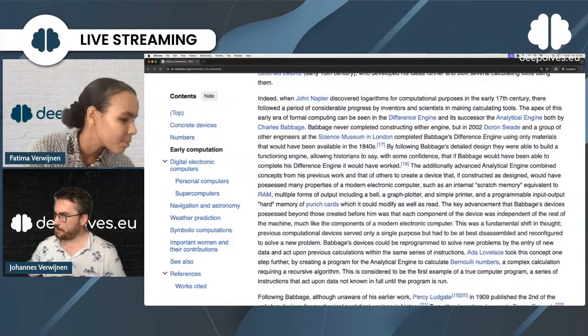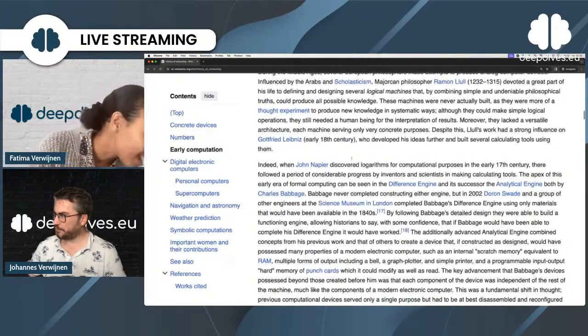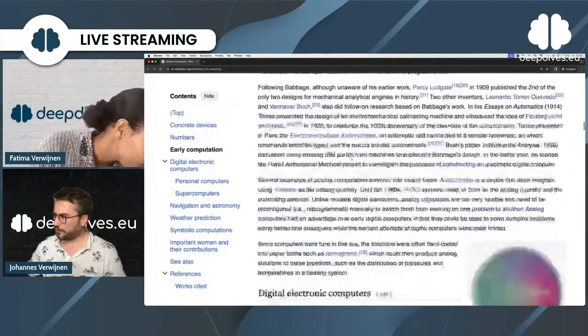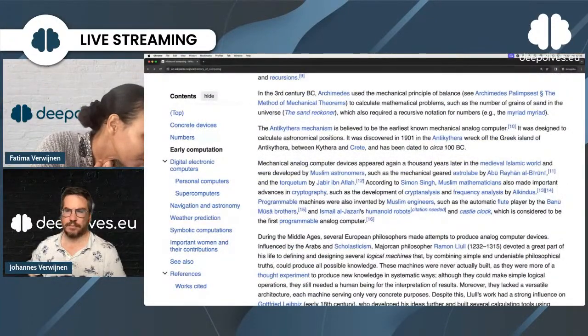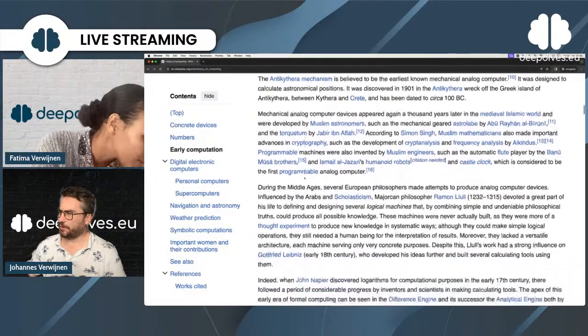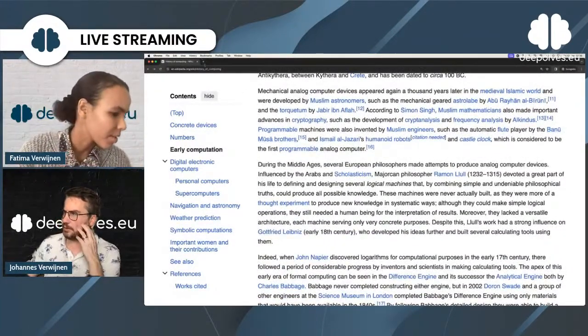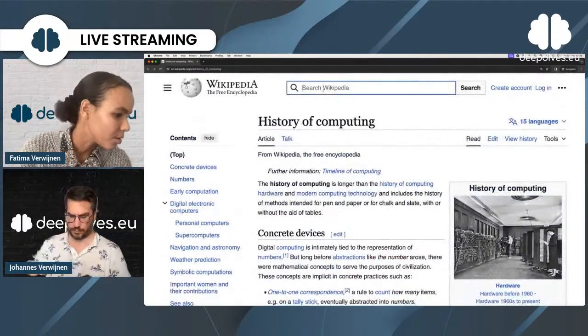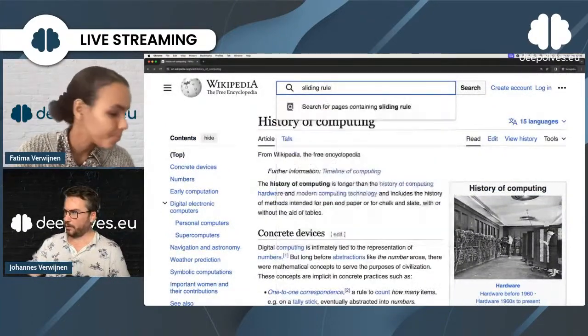No, it was William Oughtred who invented the slide rule. But before that, there was Edmund Gunter who invented the logarithm scales. So it was lines etched on metal or wood, building on top of Napier's invention.